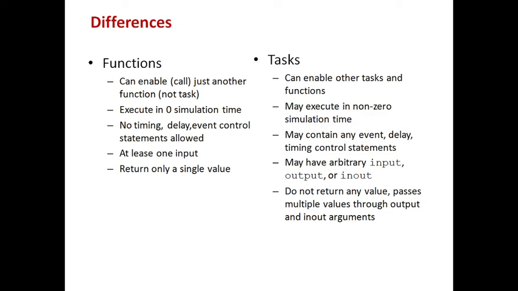So for the function and task differences, we can see the chart here. Coming to the first one, a function can enable another function but cannot enable any task. Like, as soon as the first bench students have stood and started greeting their teacher, definitely the back row students will also stand and greet the teacher to complete their functionality.